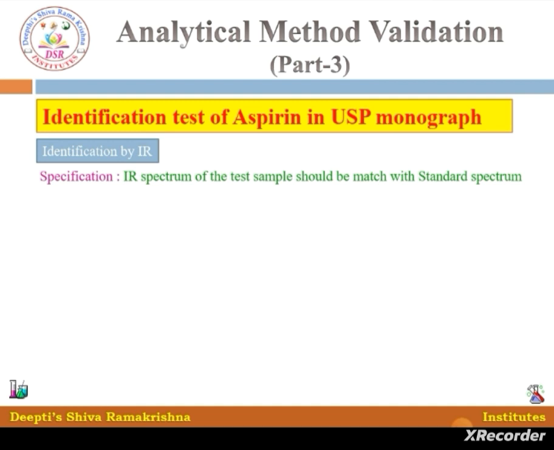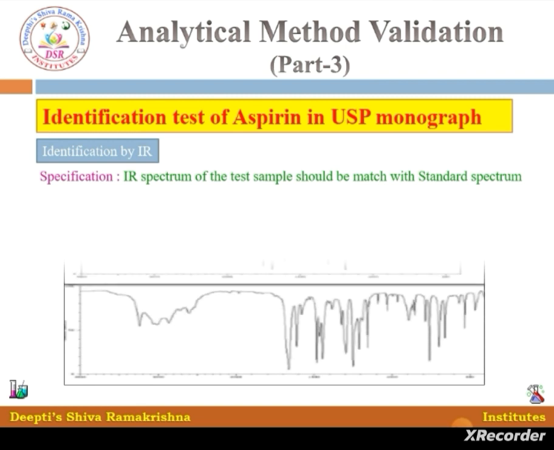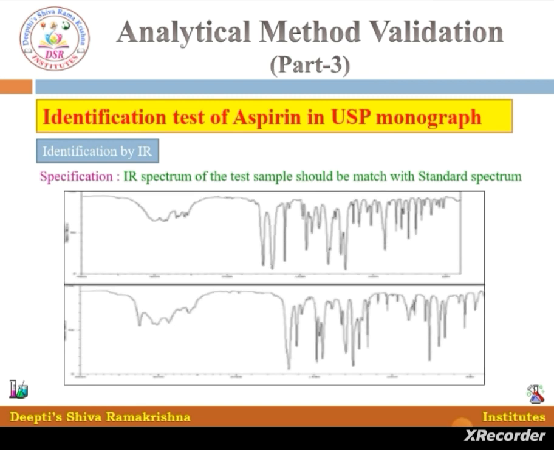we need to compare both the spectrum of the test sample and the standard of aspirin. So let us see the spectrums. If you check, the tests given for aspirin are identification by IR, identification by HPLC, assay by HPLC, dissolution, and salicylic acid content by HPLC.